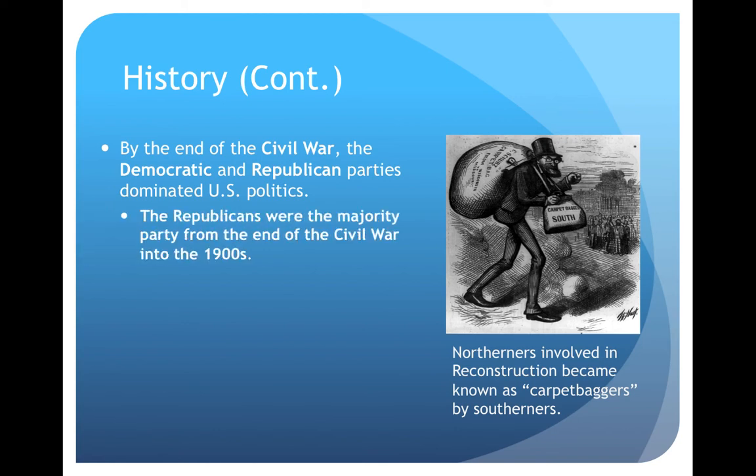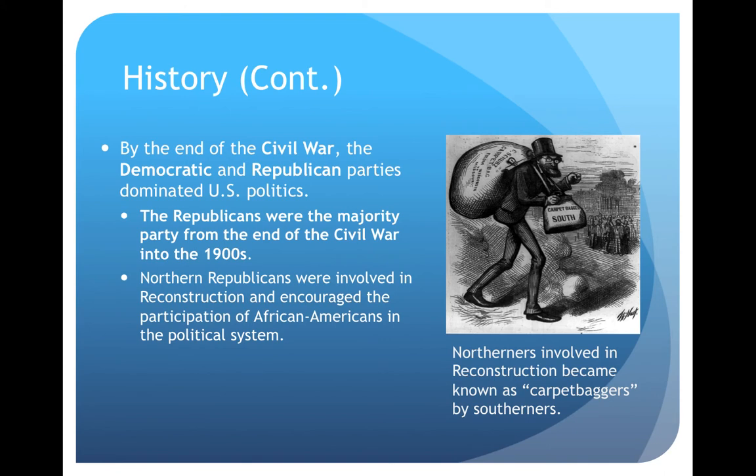The Republicans were the majority party from the end of the Civil War into the 1900s. Northern Republicans were involved in Reconstruction and encouraged the participation of African Americans in the political system. Only 4 Democrats were elected president between 1860 and 1932.